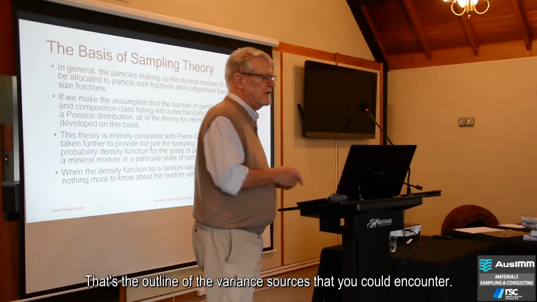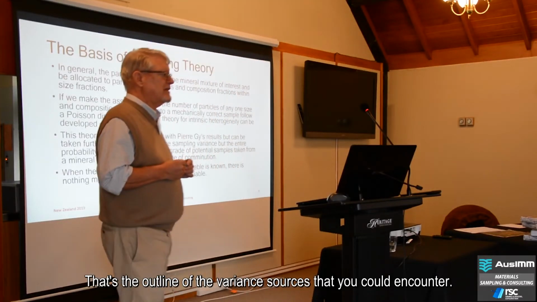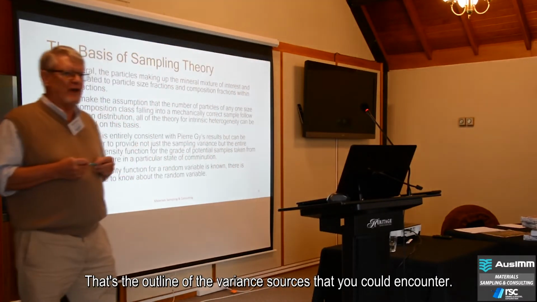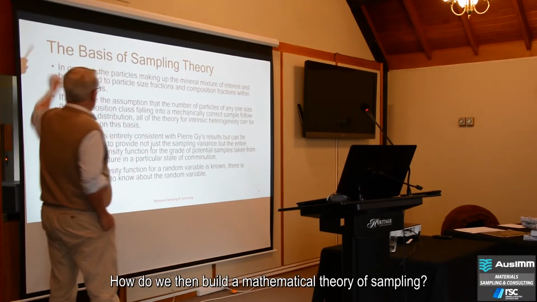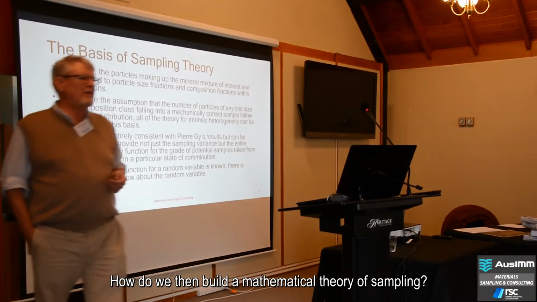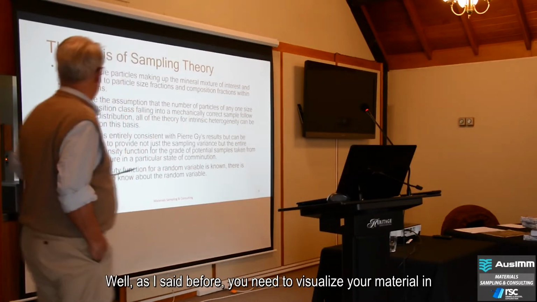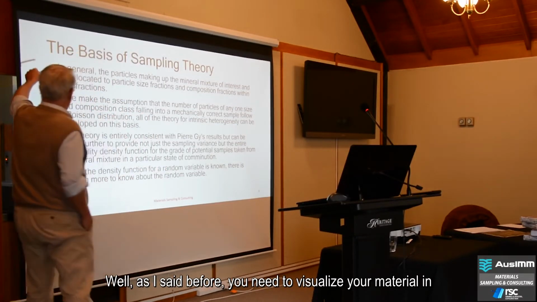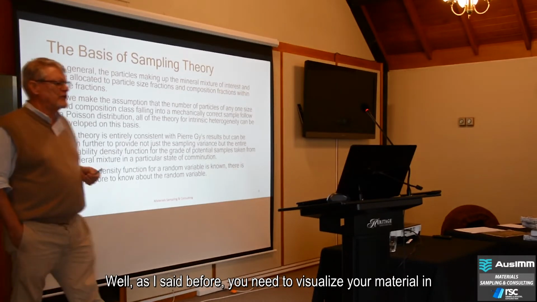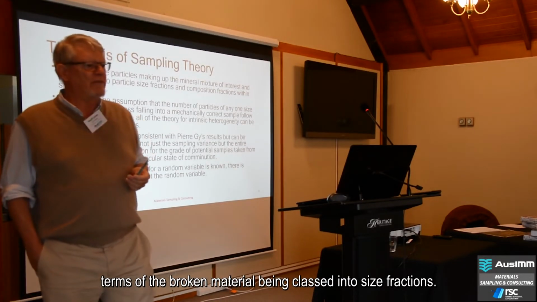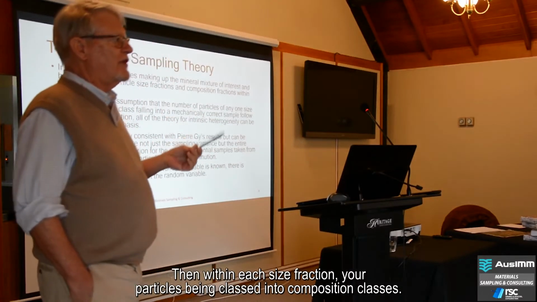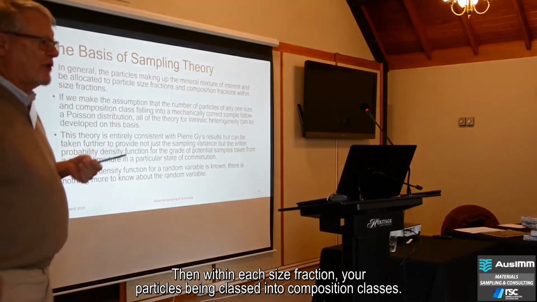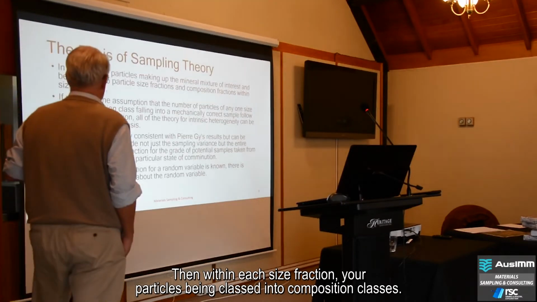Okay, that's the outline of the variance sources that you can encounter. How do we then build a mathematical theory of sampling? Well, as I said before, you need to visualize your material in terms of the broken material being classed into size fractions, and then within each size fraction, your particles being classed into composition classes.